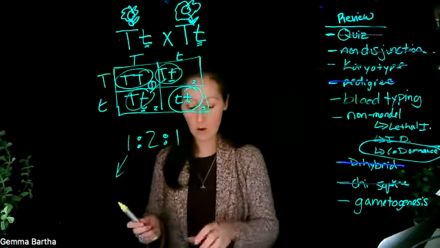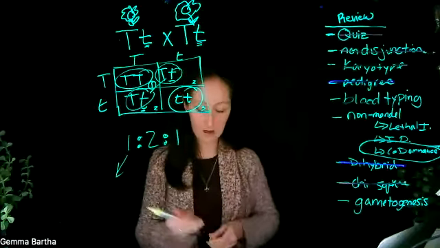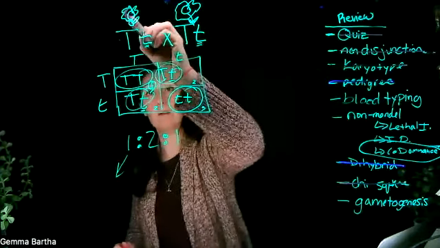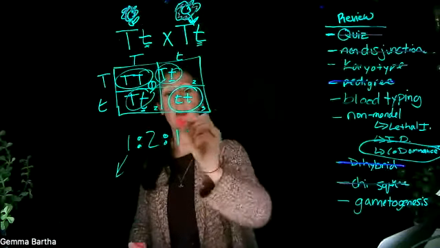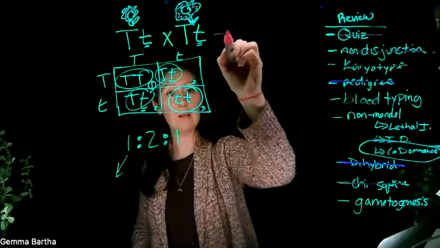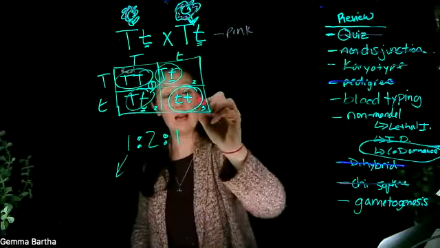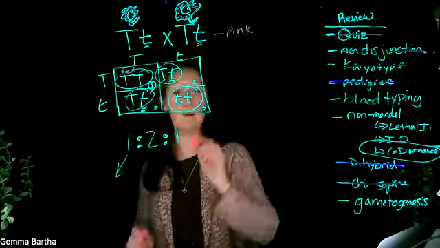When you talk about incomplete dominance, let's say this was the color of their petals, where this would be pink, this would be red, and this would be white.